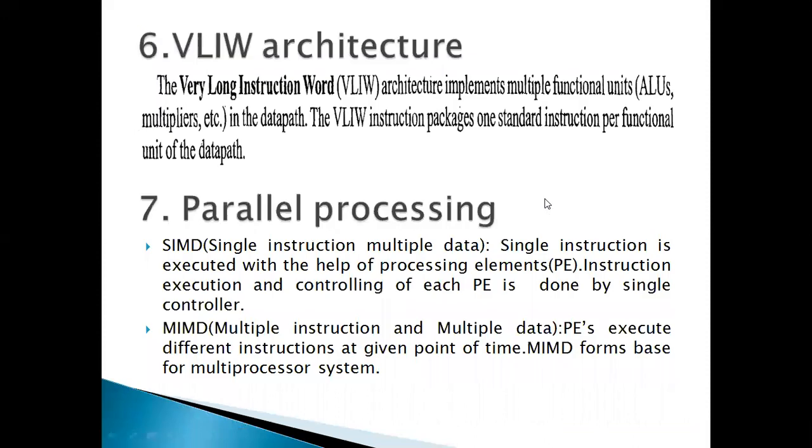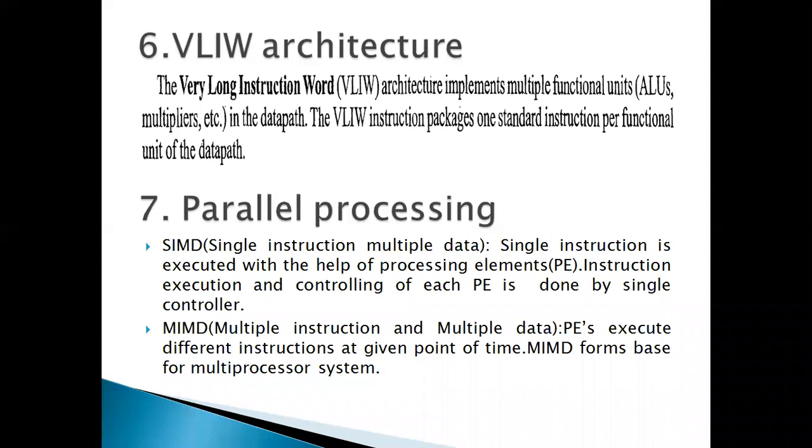So next is VLIW architecture. This very long instruction word architecture implements multiple functional units in the data path. So a VLIW instruction packages one standard instruction per functional unit of the data path. Means, for example, if we have a digital signal processor in the execution, say we receive an image, and that has to be compressed.